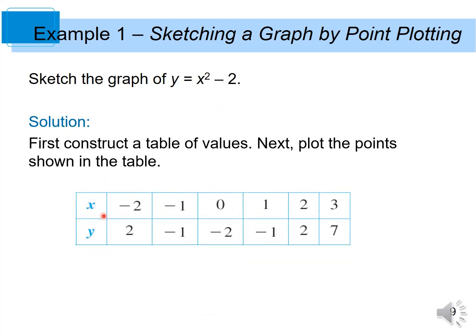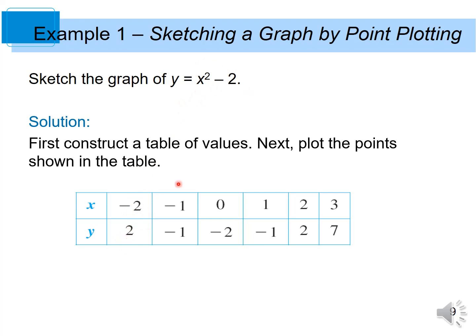As I say, I prefer all of you to have domain from negative value to positive value. So you can start from negative 2 to positive 3. And use the same method. You substitute the negative 2 into the y equation. So negative 2 squared will be positive 4, minus 2, 2.